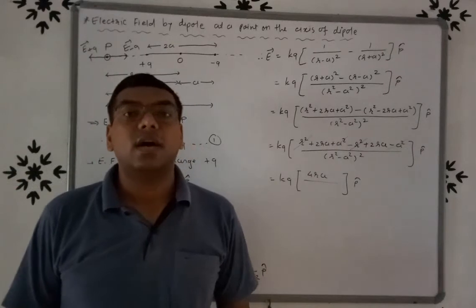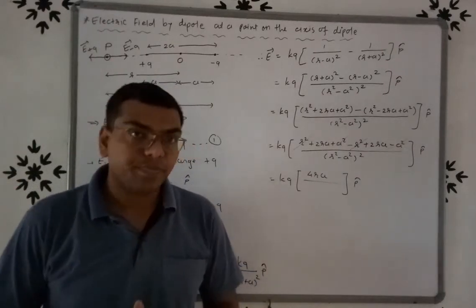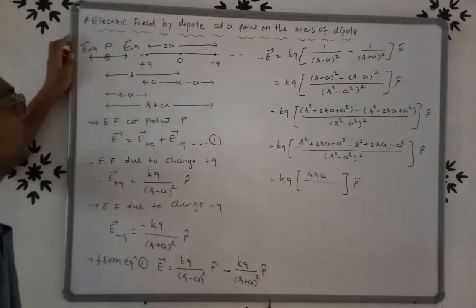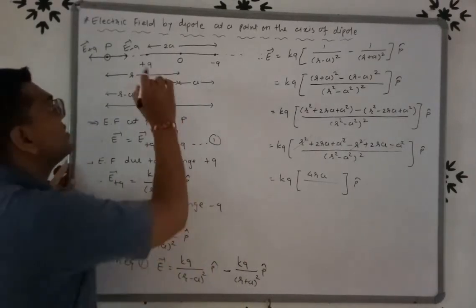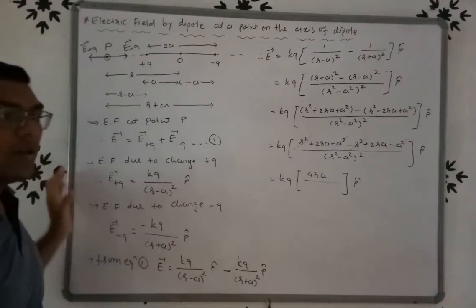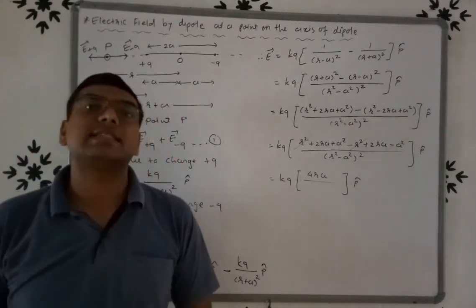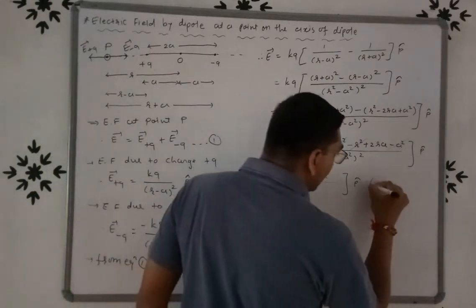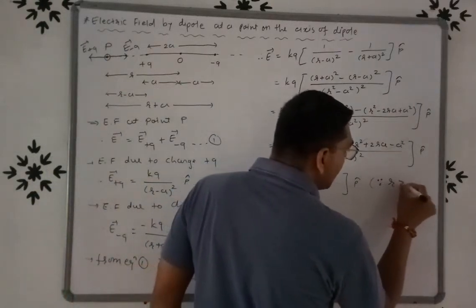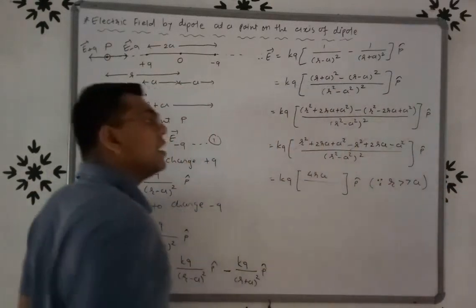So again I say here 2a, which is the distance between two charges plus q and minus q, is very less as compared to r.